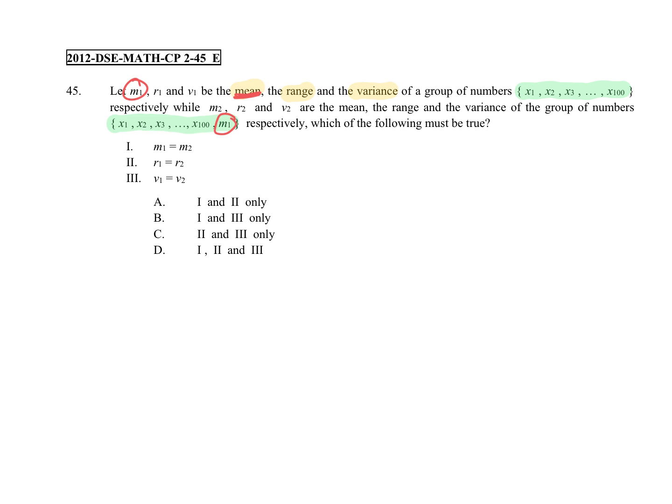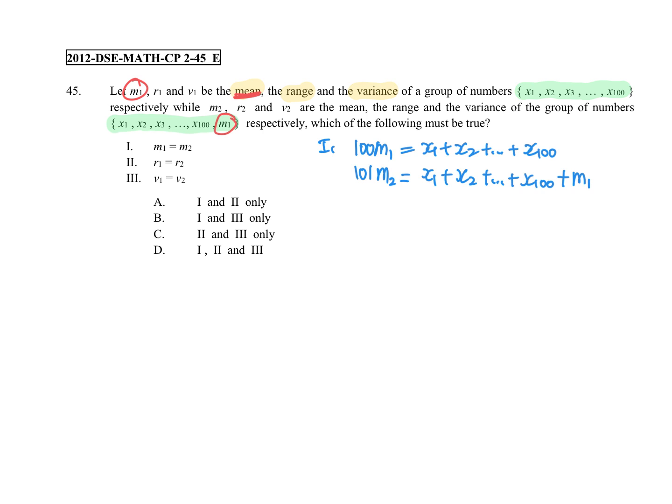Statement 1: M1 equals M2. M1 would be the mean of the 100 numbers of the original data set, so M1 times 100 equals the sum of all the data of the original data set. And M2 would be similar.